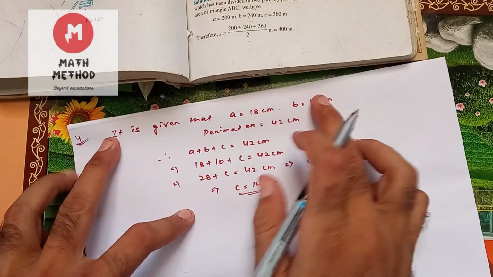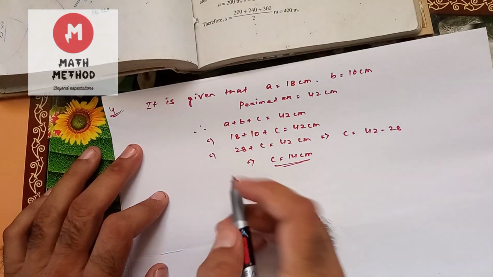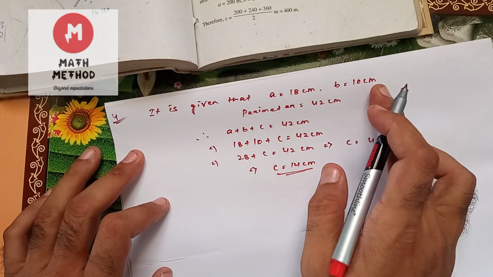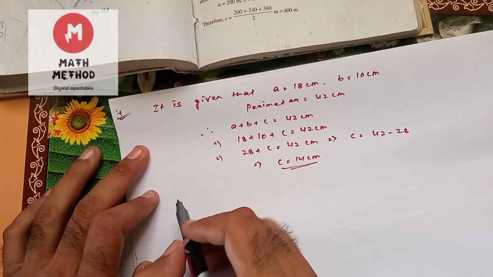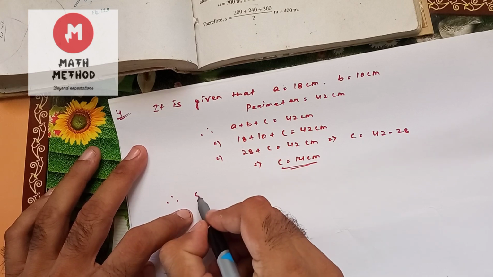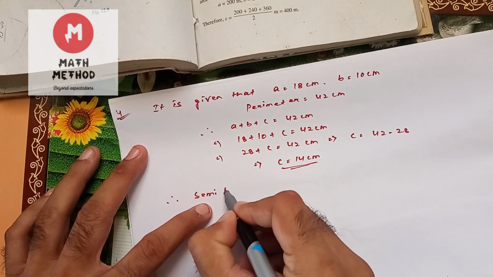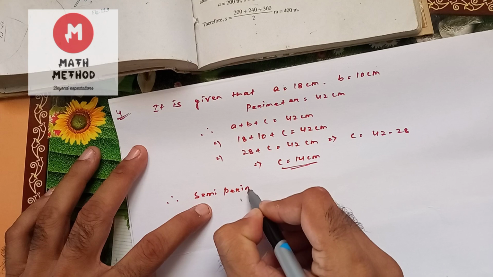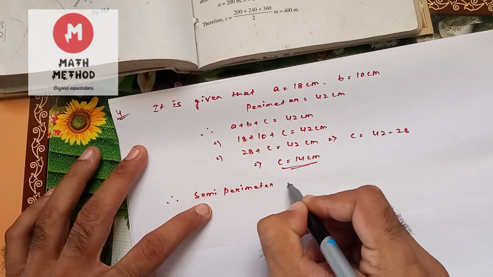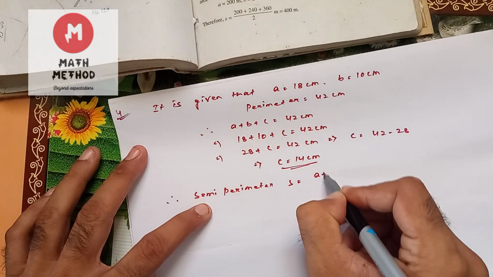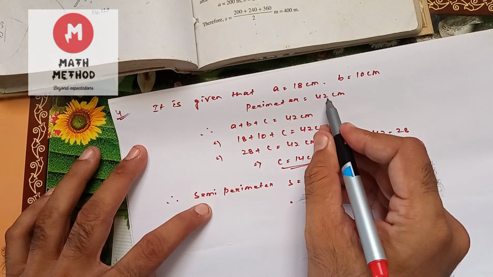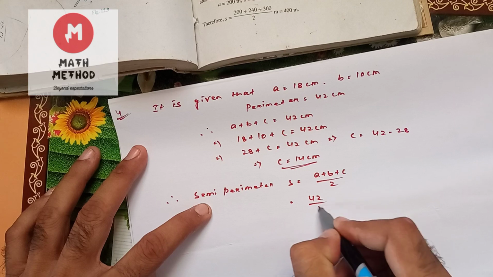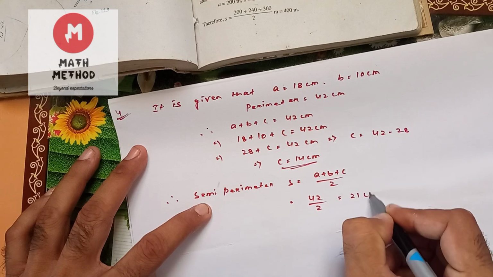Clear? Here A, B and C are, we know A is equal to 18 centimeter, B is equal to 10 cm and C is equal to 14 cm. Now we will find out the semi perimeter. Semi perimeter, here S is equal to A plus B plus C by 2, where A plus B plus C is equal to 42, that is 42 by 2 is equal to 21 cm.